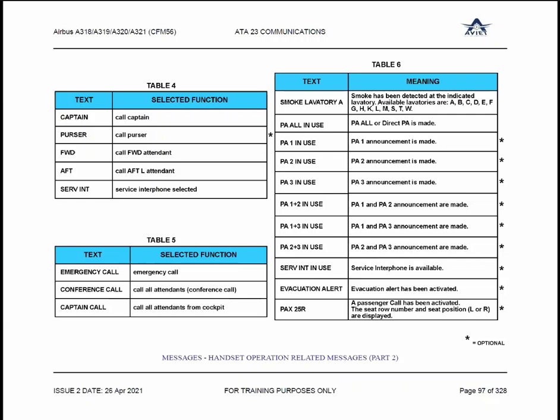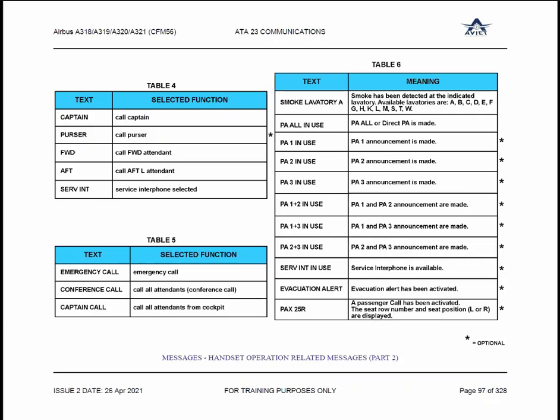Service interphone in use: you'll get the AIP message, service interphone in use, if someone is putting in the service interphone jack and it is being used. In the cabin, when the jack is inserted in any service interphone, you'll get this message on the AIP. Correct. So they are all nice to know.